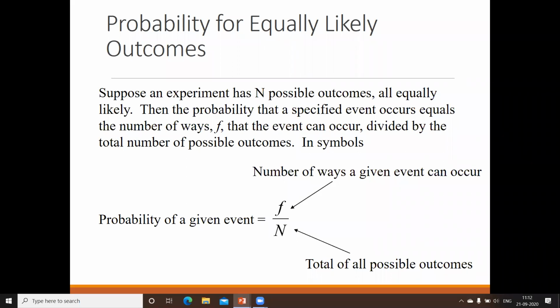Clear? Now, there are different types of problems asked in the question paper based on coins, the rolling die, or the playing cards which you use. It can be 1 deck or 2 decks, depending on the type of problem they have asked. We'll take such examples in the next slide, so you get used to such problems.